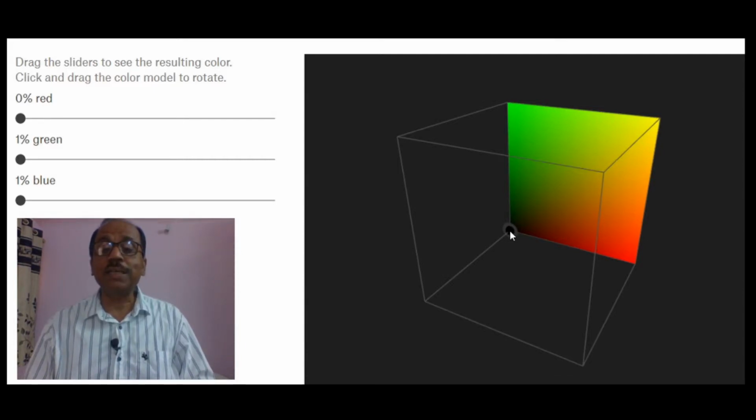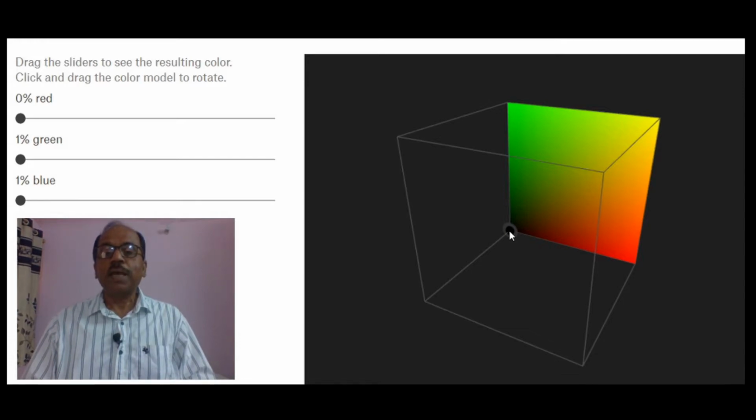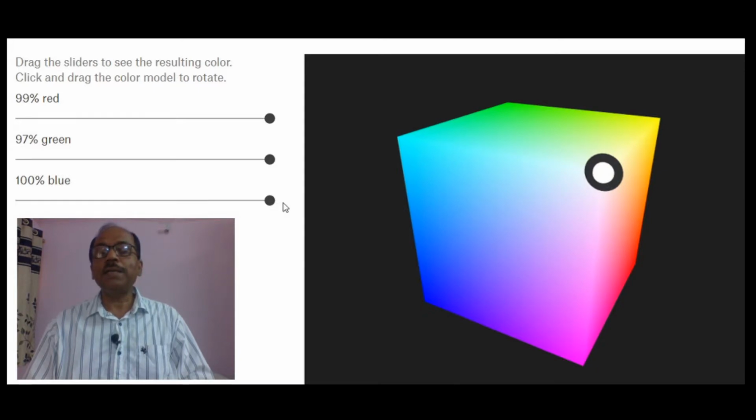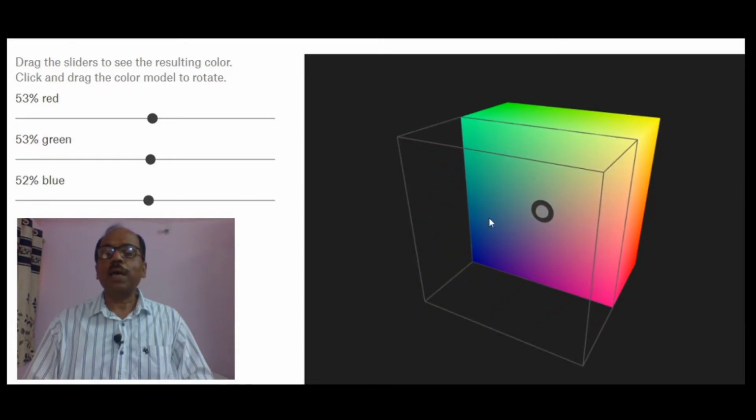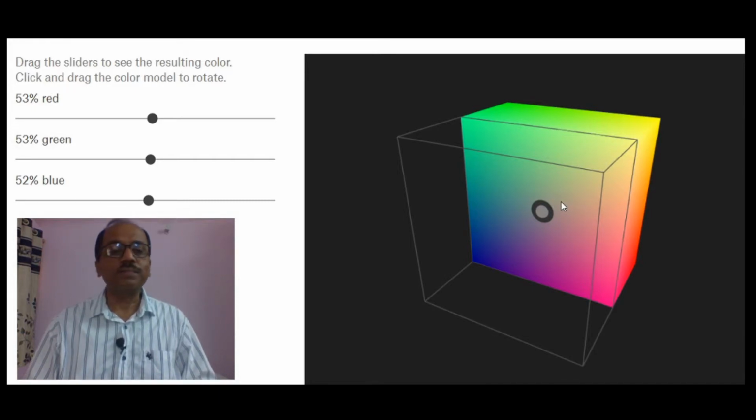So it is crystal clear that the combination of red, green and blue in totality generates white color, and if all are moved partially, at about 50%, the color will appear like this, as you are seeing inside the box.